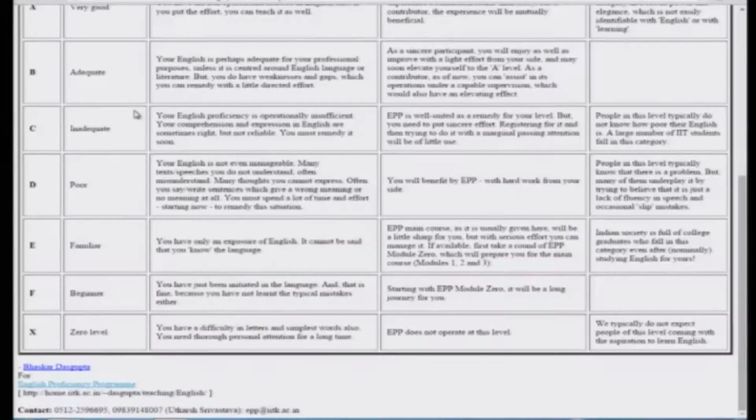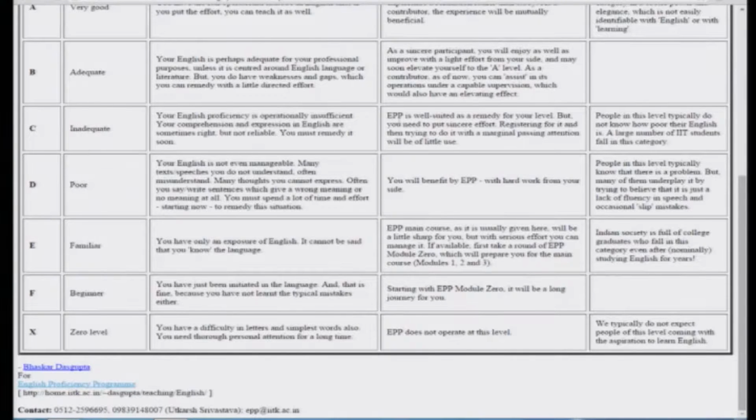Next is C, inadequate. From this point onwards, we have the majority of people: C, D, E. This is inadequate, and we have a lot of concern for them, and we strongly advise them to take it up as a real issue and improve their English, possibly through our course.